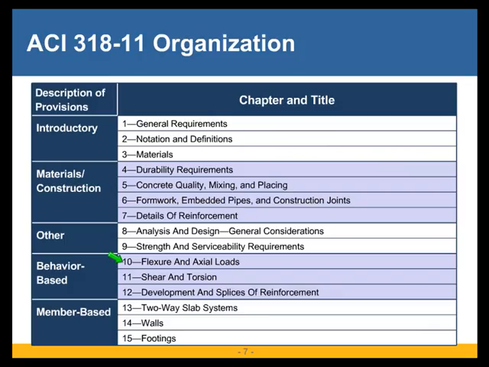Okay. In order to talk about the changes and understand the changes, I think we should start with the organization of ACI 318-11. In 318-11, we had 22 chapters and 4 appendices. There were 3 introductory chapters: general requirements, notation and definitions, then materials.